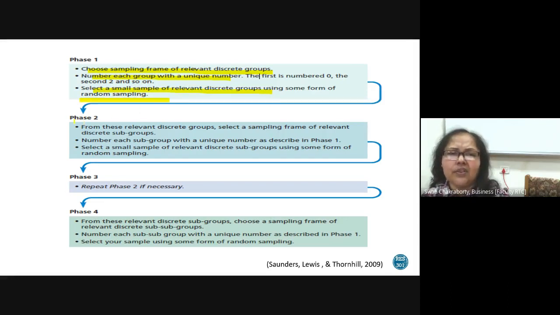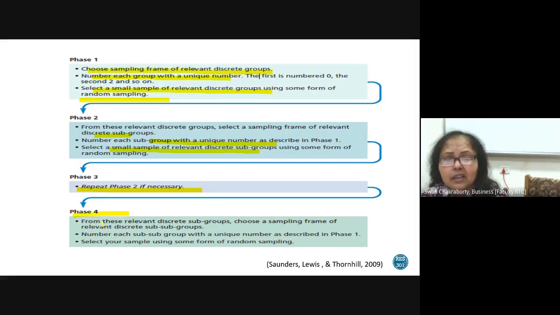Phase two: from these relevant discrete groups, select a sampling frame of relevant discrete subgroups and number them. Then again, select a sample from these relevant discrete subgroups using some form of random sampling. Then we come to phase three, where phase two is repeated if necessary.